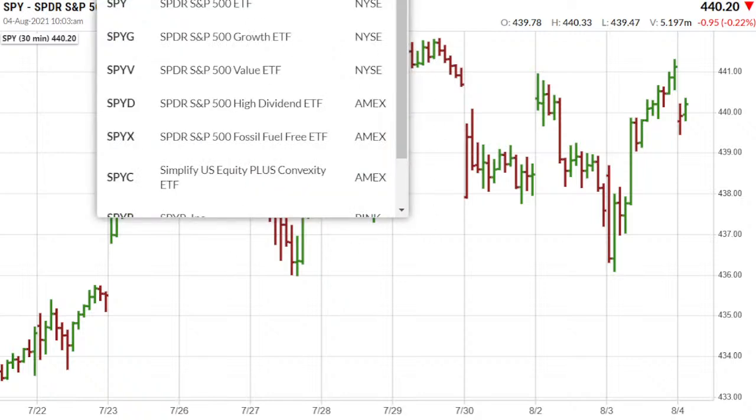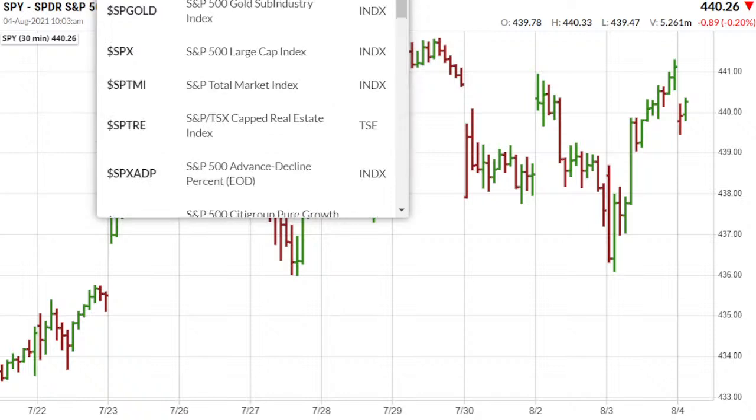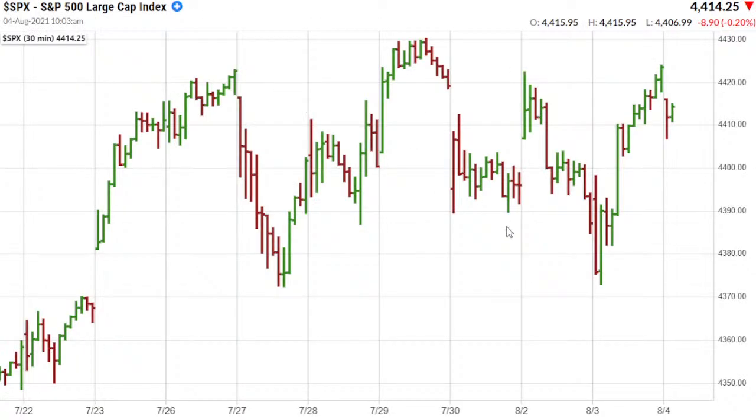Let me go to SPX and see what that looks like. I think SPY looks a little bit better when it comes to the gaps and the opens, but there you go. Look at that. We keep hitting new highs up here. This is obviously new high territory, and this is basically minor dip territory.